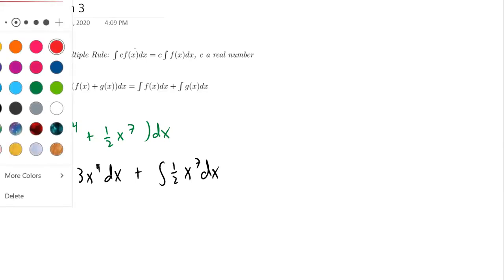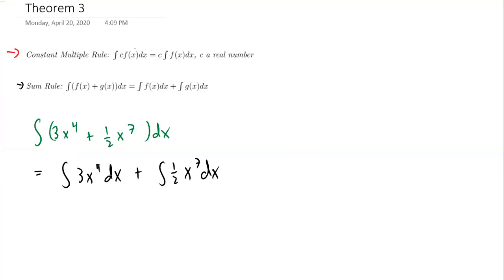Now, by the constant multiple rule, I can move those constants outside. So this equals 3 times the integral of x to the 4th dx plus 1/2 times the integral of x to the 7th dx.